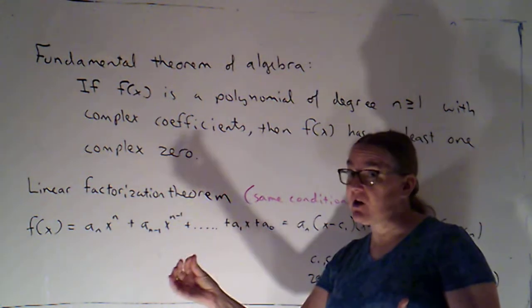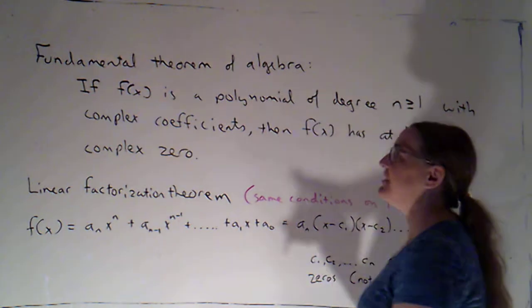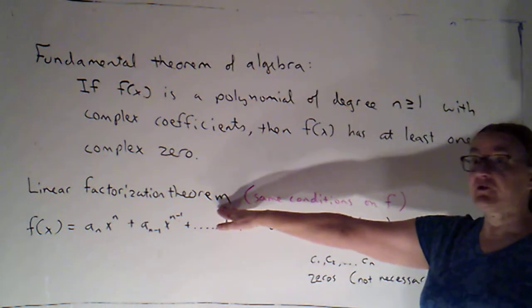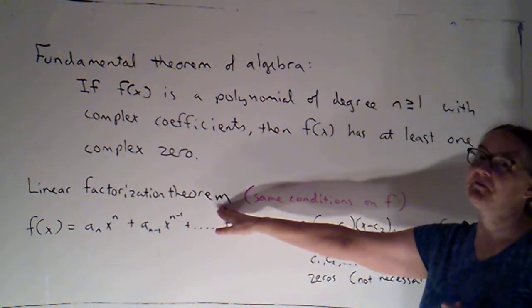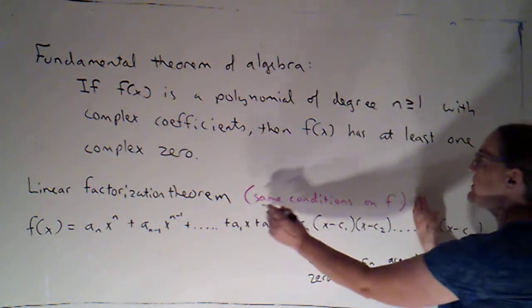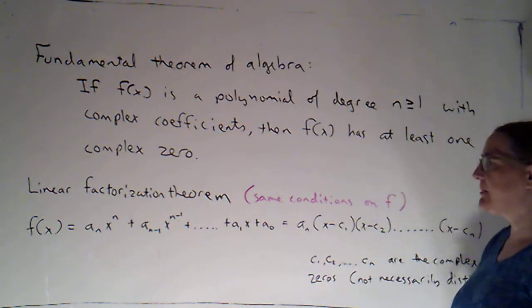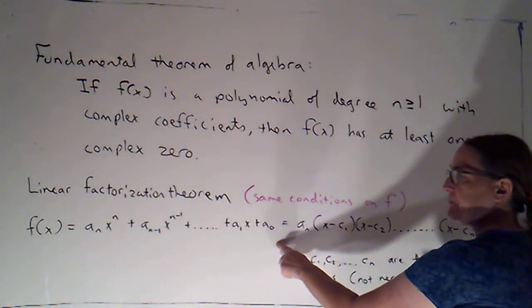And of course, because zeros correspond to factors, that's going to mean that we can at least partially factor f of x. And then the linear factorization theorem says, well, we can do more than partially factor it, we can completely factor it. So with the same conditions on f, it's degree 1 or bigger, and it's got complex coefficients, and here I've just written it out in standard form.